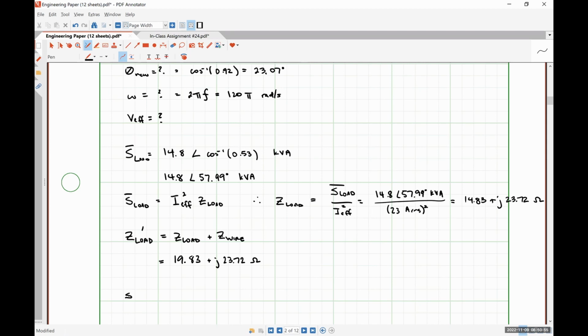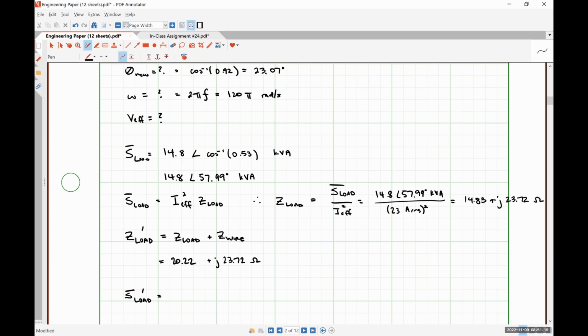So from this, yes, 5.4, you're right, thank you. 20.22. I added 5 ohms to it instead of 5.4.